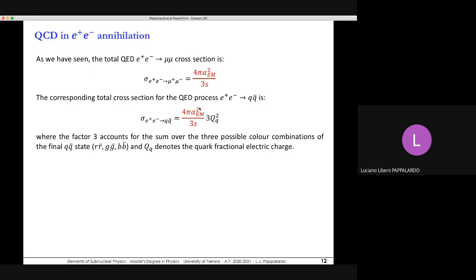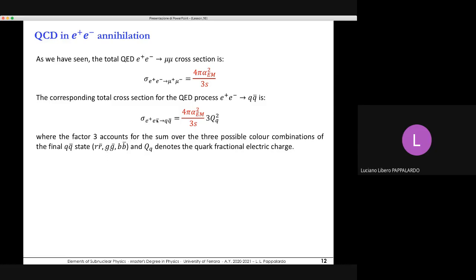One expects that the bulk of the cross-section must be the same, and the only difference, since this is a pure QED process, should rely on the different electric charge of quarks with respect to muons. The muons have exactly the same charge as electrons, but quarks have a fractional electric charge, so we have to take this into account. And then there is an additional factor of 3, which we need to put here in order to account for all possible color combinations of the final state.